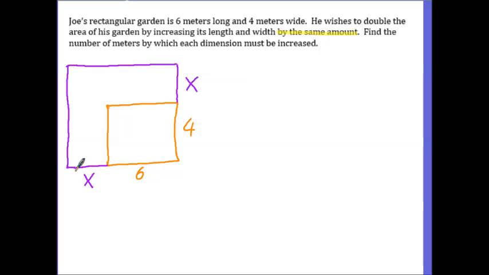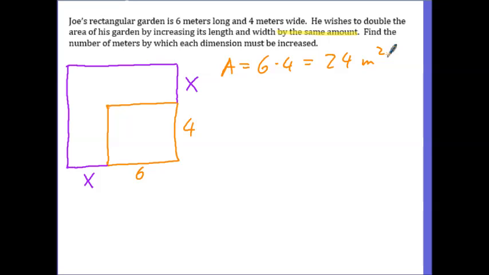Here is our diagram. So what are we saying? We are saying that we want to double the area. So wait a minute, what are we talking about? We got an area right now of 6 times 4 meters, which is 24 square meters.